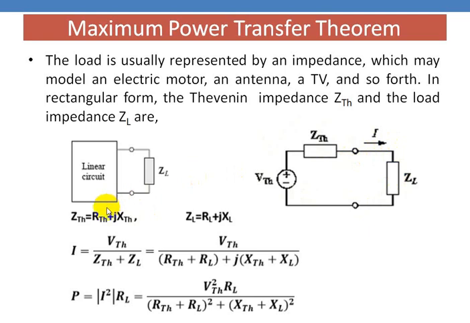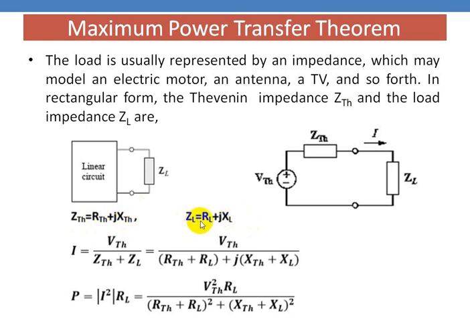So now ZTH will be equal to RTH plus JXTH. I am writing this impedance as the real part RTH, the resistance part, and the imaginary part as XTH, that is JXTH.